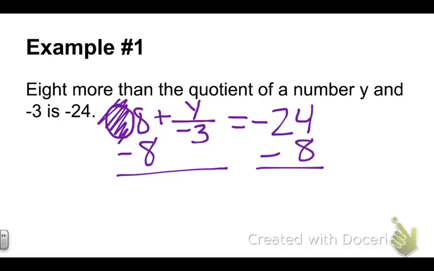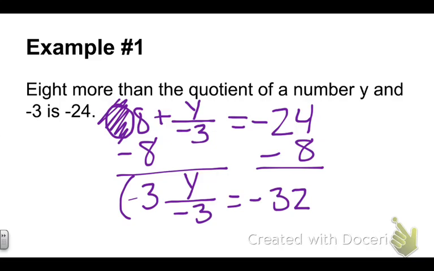So this is going to leave us with y divided by -3 and -24 minus 8. They are both negative, so remember you're adding them together. That's going to give you -32. And then y is being divided by -3, so we do the opposite. I think I forgot the negative there, sorry. So multiply by -3 on both sides.